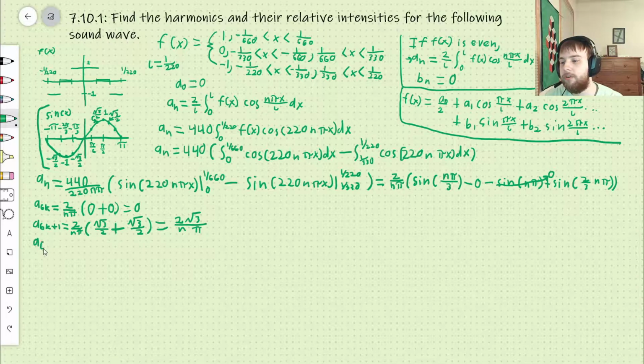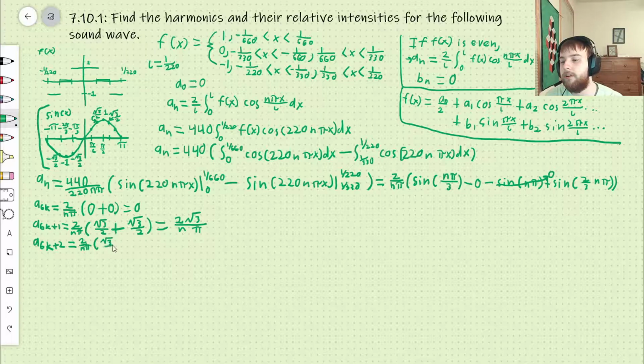Now what if it is 2 plus a multiple of 6? So when it's 2 plus a multiple of 6, our n pi over 3 term is going to be 2 past the beginning of a period. So it's going to be square root of 3 over 2, as expected. So I guess we can fill that in right now.